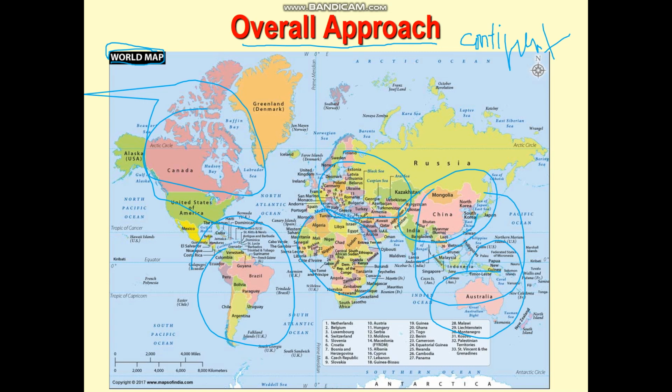Why do I divide it based on the different continents? Because different continents have different cultures, different weather or habitats, for example. So this is a basic way to separate the world into different regions.